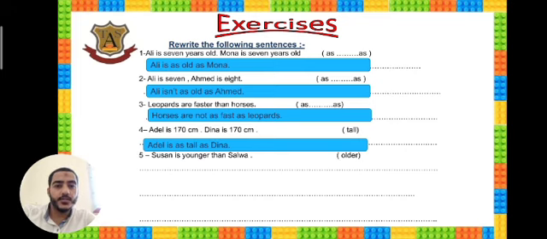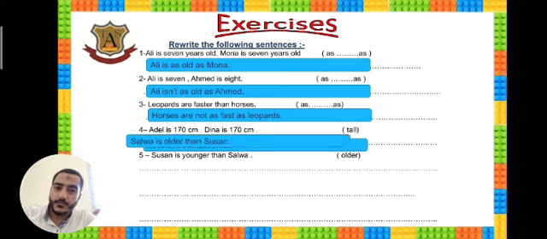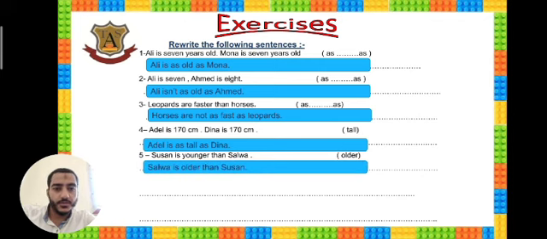Next, number 5. Susan is younger than Salwa. Use older. Okay? It's like the opposite. So, Salwa is older than Susan. Very good.